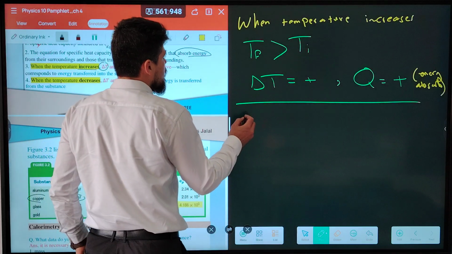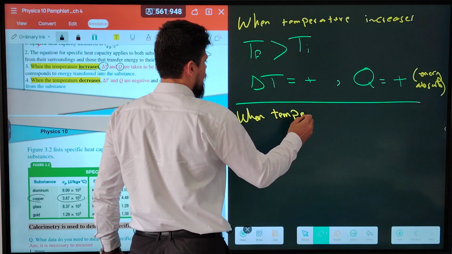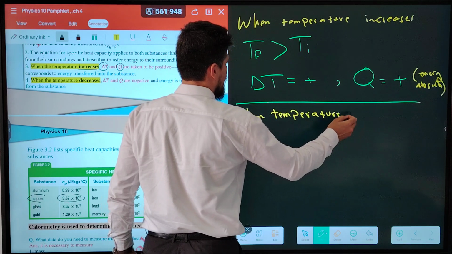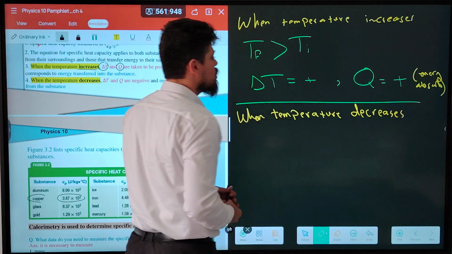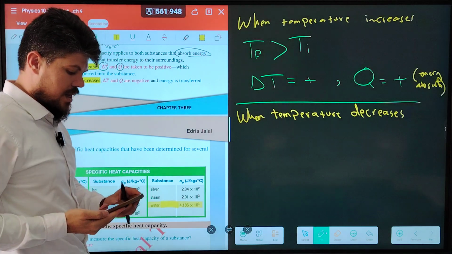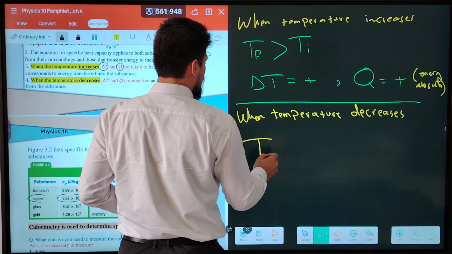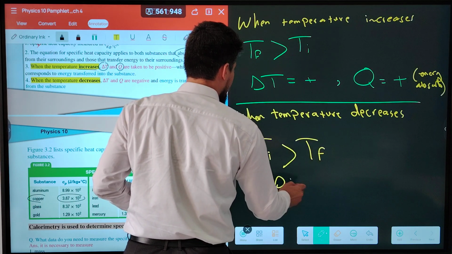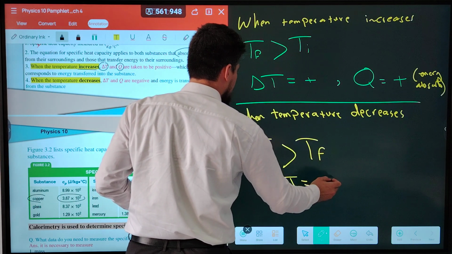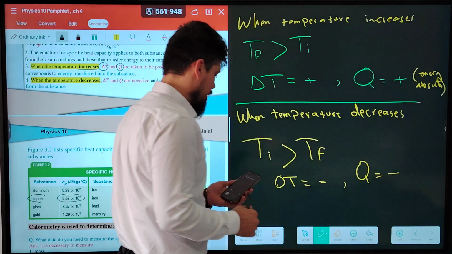But when temperature decreases, T initial is bigger than T final. So delta T is negative, and Q is also negative.